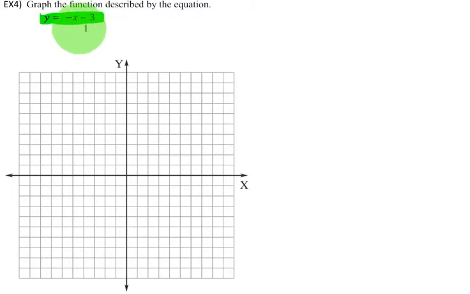Remember, a powerful tool for understanding or interpreting functions is to build a graph.